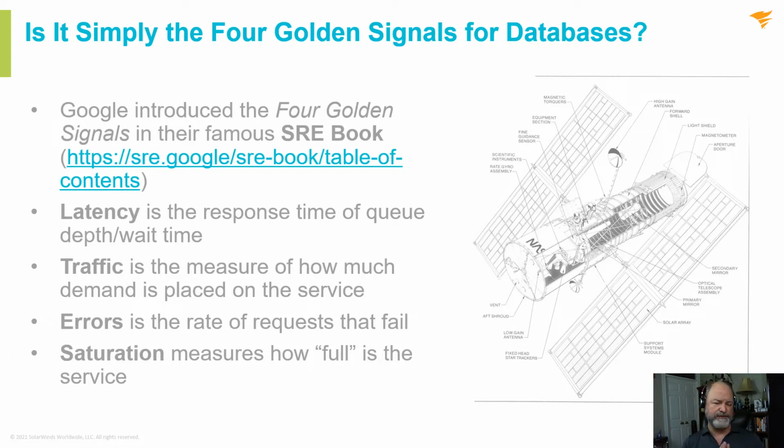The 4 golden signals represent latency, how much time is spent waiting in the queue to get your work done; traffic, which is how busy is the service upon which we're placing our different kinds of demands; errors, the number of those transactions that fail; and then finally saturation, which is basically a measurement of how full or how busy is this particular resource.